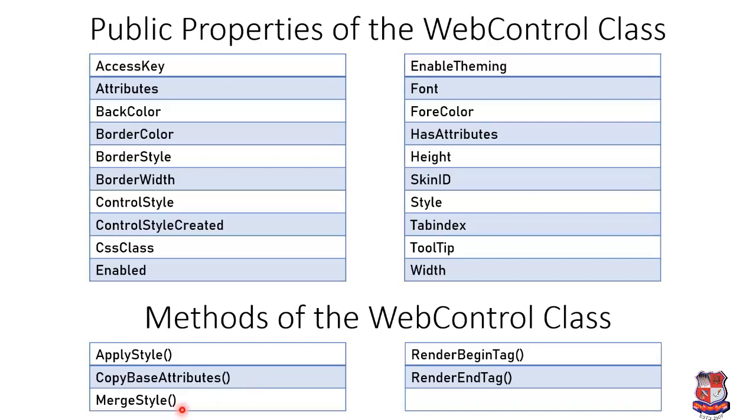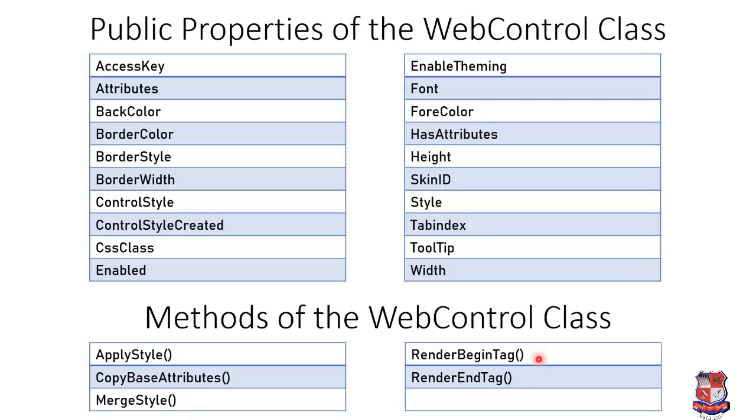Next is MergeStyle. It is used to copy any non-blank element of the specified style to the web server control but does not override any existing style elements of the control. This method is used primarily by control developers.